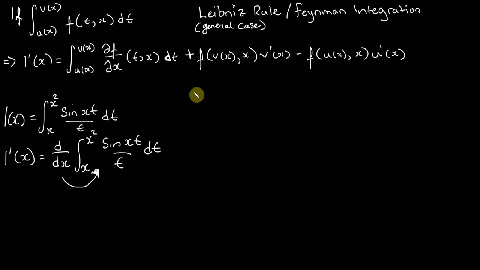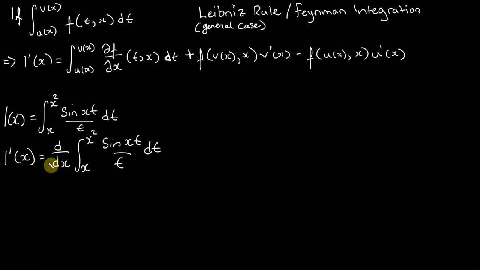That's where we also talk about differentiating under the integral. So the Leibniz rule, or Feynman integration, is sometimes also called just differentiating under the integral. This is where it comes from. We push this d/dx into the integral, and then it becomes a partial. The proof of this is just lovely, but in any case, it just becomes a partial.